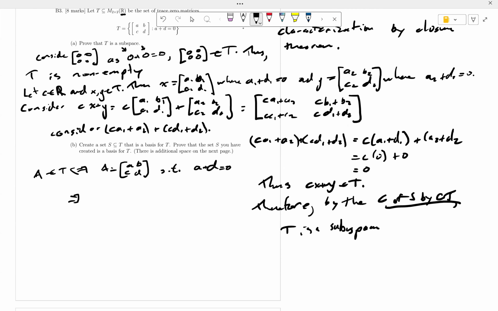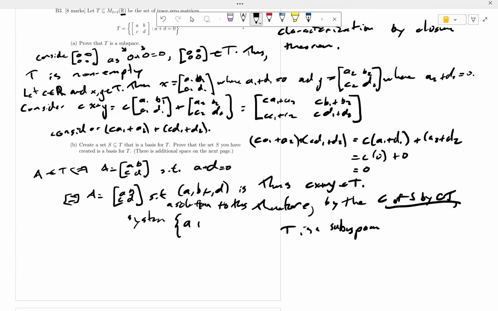So this is if and only if A equals A, B, C, D, such that A, B, C, D is a solution to the system A plus 0B plus 0C plus D equals 0.